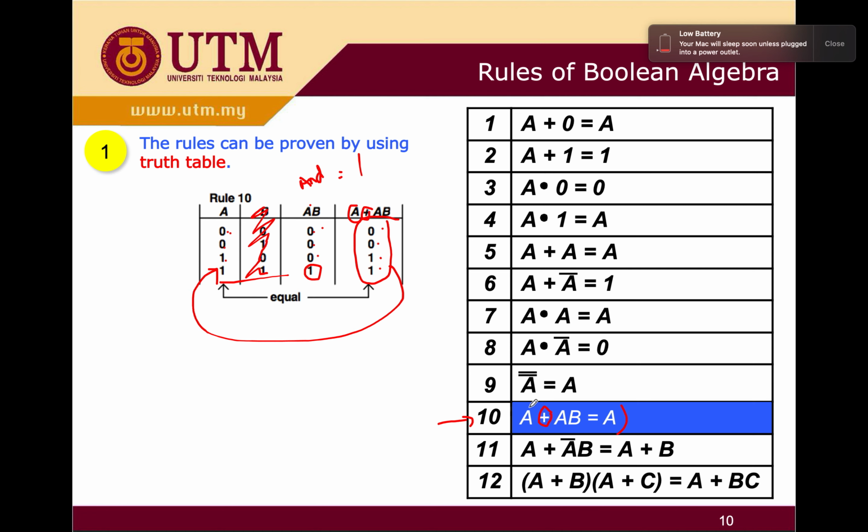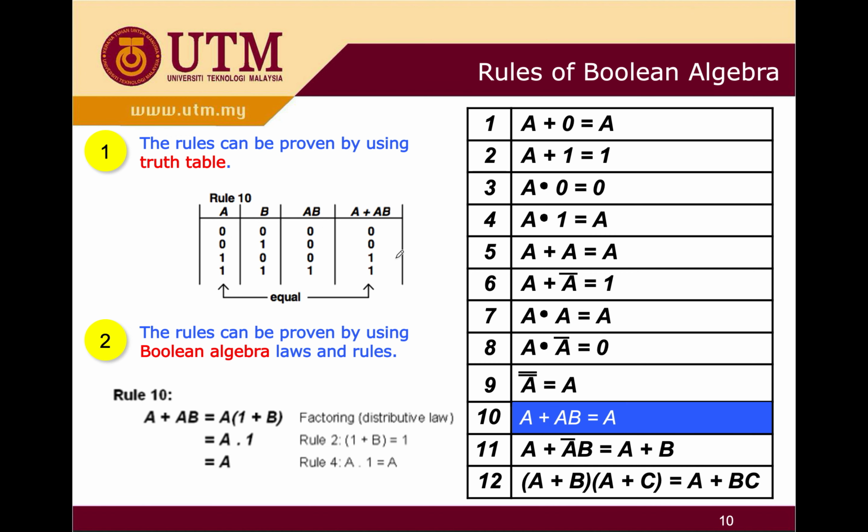That's why this rule for Boolean algebra, rule number 10, comes out from these two tables. And you can also understand this by using Boolean algebra over here. Let's say you have A plus AB equal to A, and this is the mathematics, which I put here: it is A times 1, plus AB, isn't it?